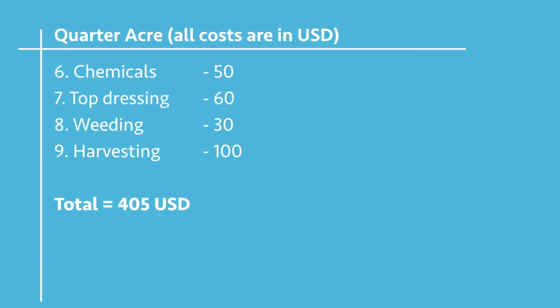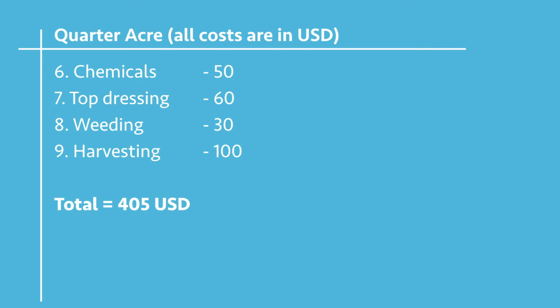We give it $50. Top dressing, the fertilizers that you are going to use, that is the nitrogenous fertilizer, and also the NPK, as mentioned. We are going to give it $60 for a quarter of an acre. Then we have the weeding. Remember we said there are 2 weedings that are done, and we give it $30.